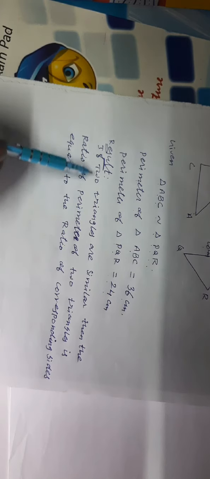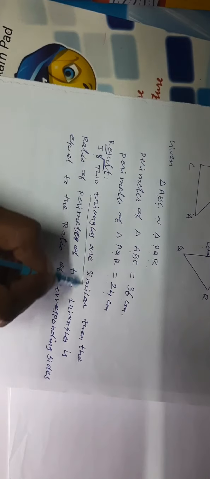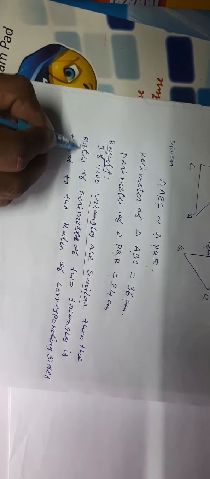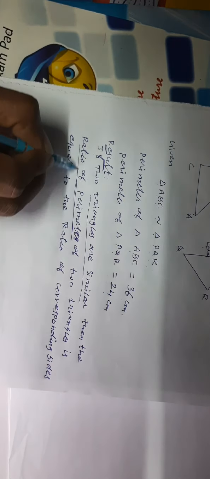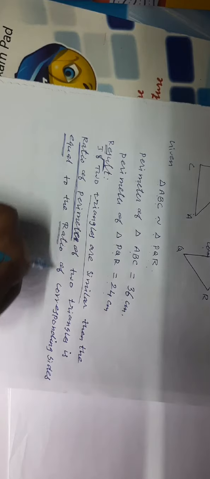If two triangles are similar, then the ratio of perimeters is equal to the ratio of corresponding sides.